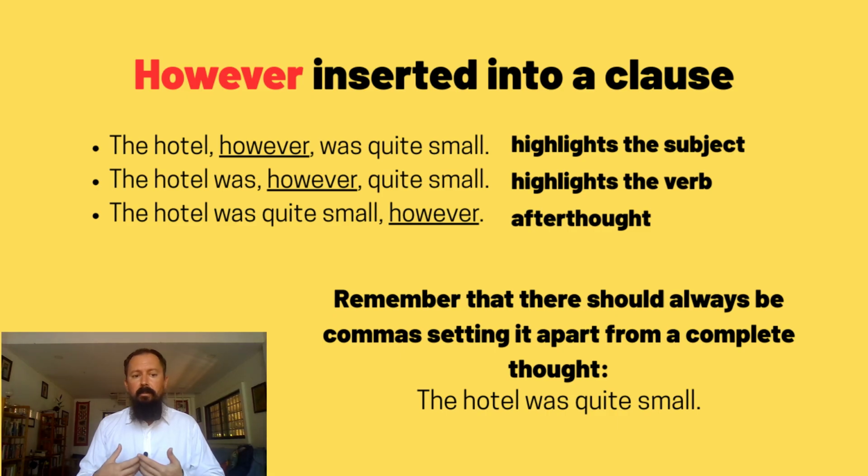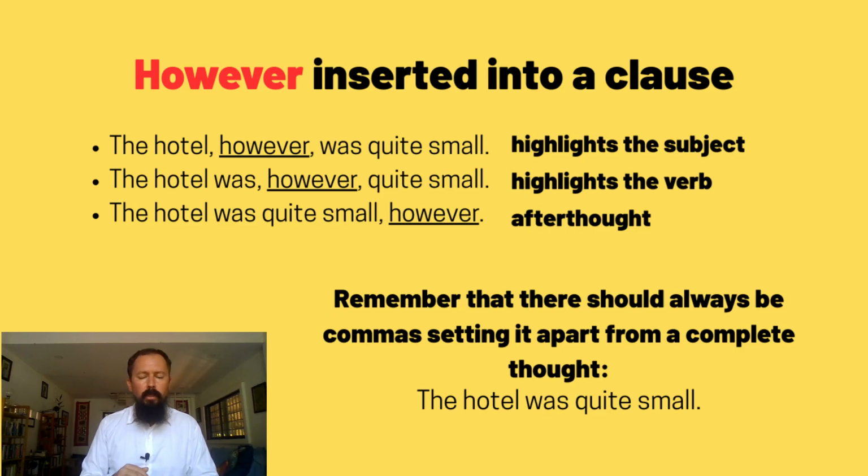We're emphasizing the verb was. We might do that if we thought there was some idea that was surprising to the reader. Like maybe they would have thought the hotel was big, and because it's small, we're going to highlight was. This is just a choice that the writer may want to go with.